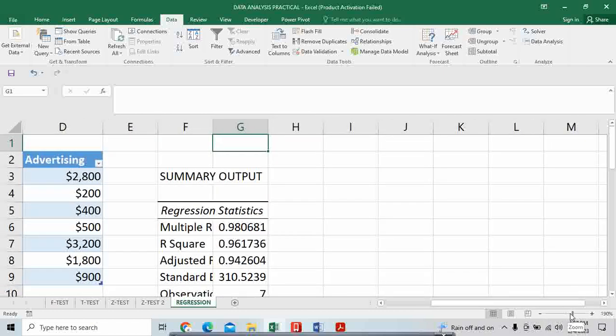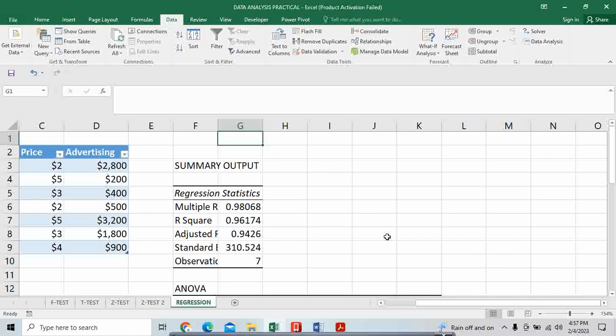Good. So let me try to spend quite some time to explain now the meaning of these results. What's the meaning of this? In this test, we are having something like multiple R and R square. But I explained this in other videos, other tutorials.